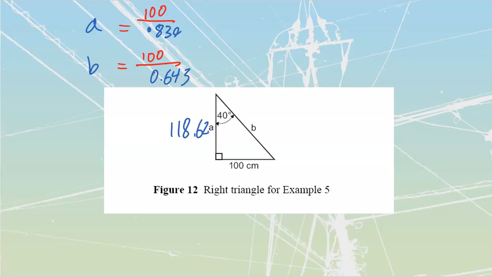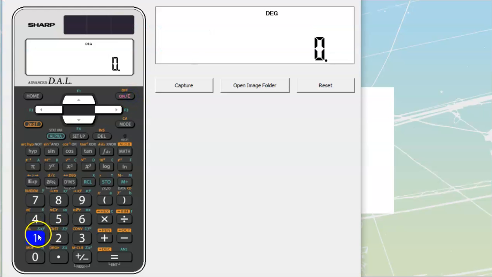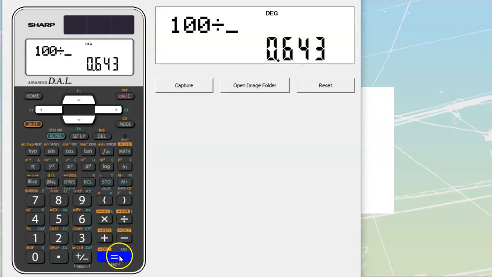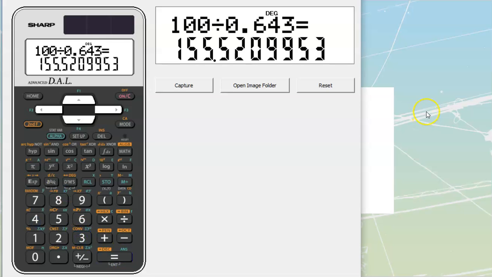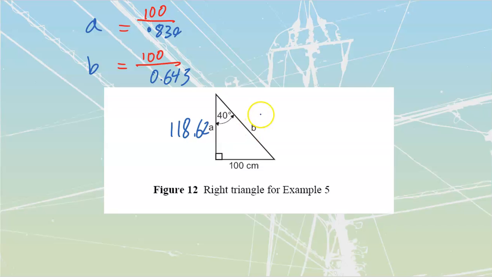And then if I do the same thing with my b, 100 divided by 0.643, that gets me to a value of 155.5. Just looking at this triangle right now, you should be able to recognize that it looks like a pretty good triangle, right? We've got a hypotenuse that's longer than the other two. If my hypotenuse was shorter than one of the sides, we know we have a problem, but this looks good.